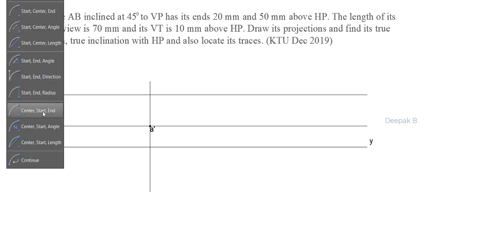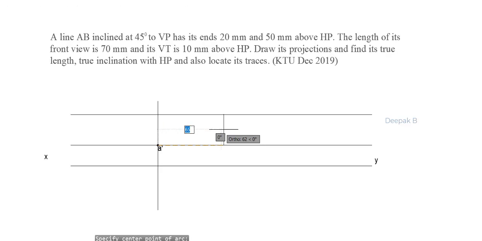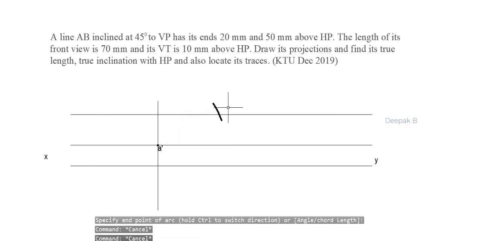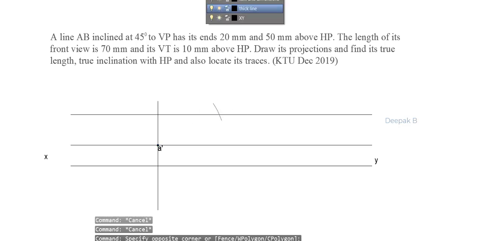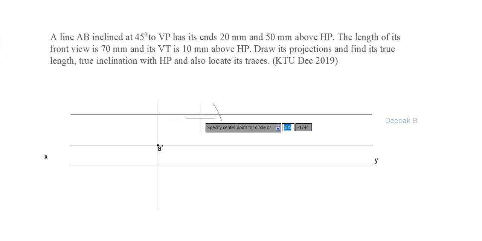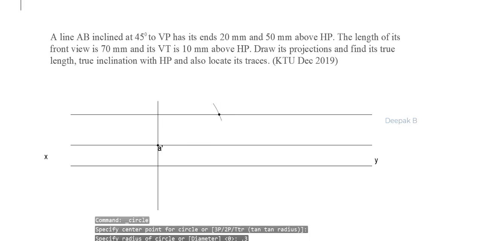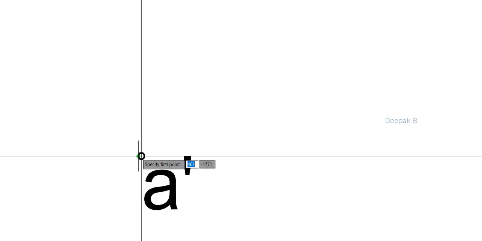So what I'm going to do is I'll just cut an arc from the point A dash on this reference line. Okay, which means that this is our point B dash. Let's just mark it. Okay, and then I'm going to join these two points.